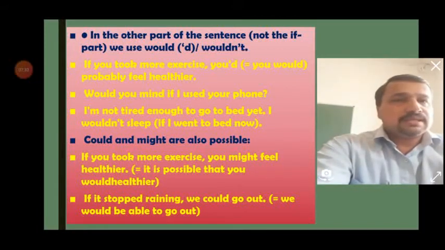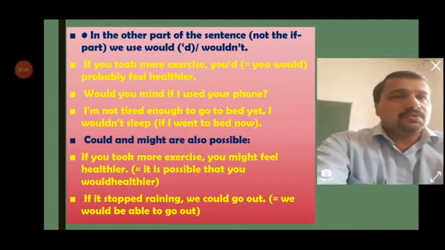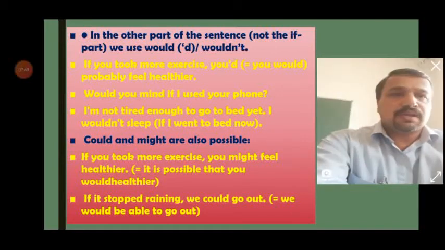Would you mind if I used your phone? Then next one, I'm not tired enough to go to bed yet. I wouldn't sleep. That means if I went to bed now, I'm not going to sleep. It is not there because so far I'm not tired.